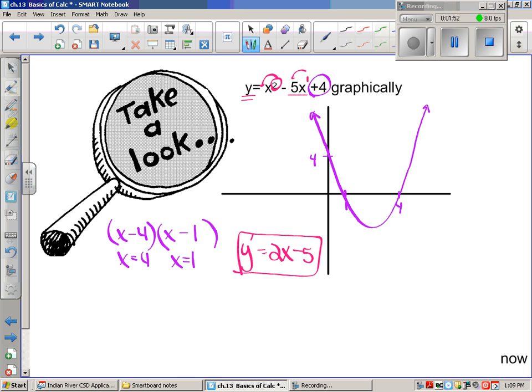So now what I'd like you to do is to graph that. And let's just see what that looks like. So the first thing I always, again, look at is that it's crossing at negative 5. And then I have the slope of 2, or rather the x-intercept would then be when y equals 0. And so just to solve that, that would mean it's at 5 halves, or 2.5, right?